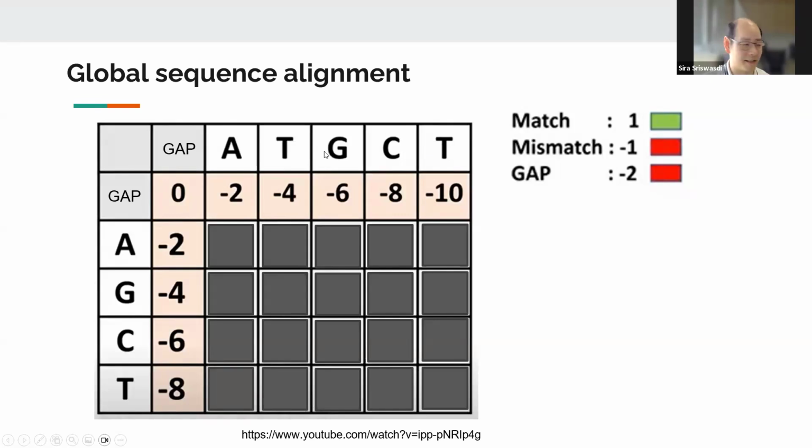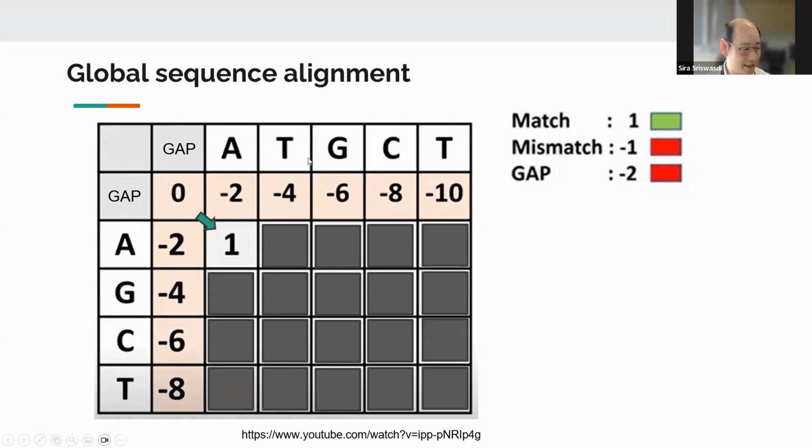So let's say, can we do better? Since both sequences start with A, we can align them together. And this gives us a match. So we have A, +1 score. But now we have a choice, right? Because T and G do not match.